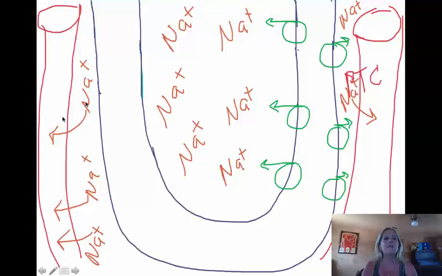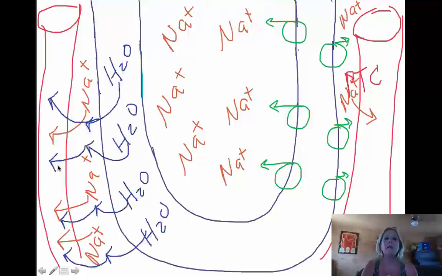that sodium eventually is going to simply diffuse, high concentration to low, into the peritubular capillaries, or the vasa recta. Now, because the sodium's in high concentration around the descending limb, water follows sodium by osmosis, first into the interstitial fluid around this limb, and then back into the vasa recta, or the peritubular capillaries.